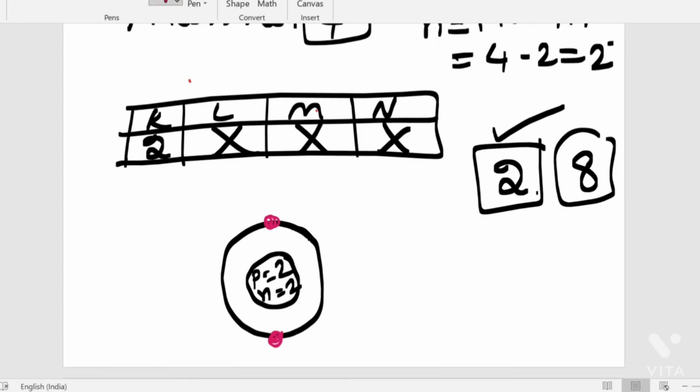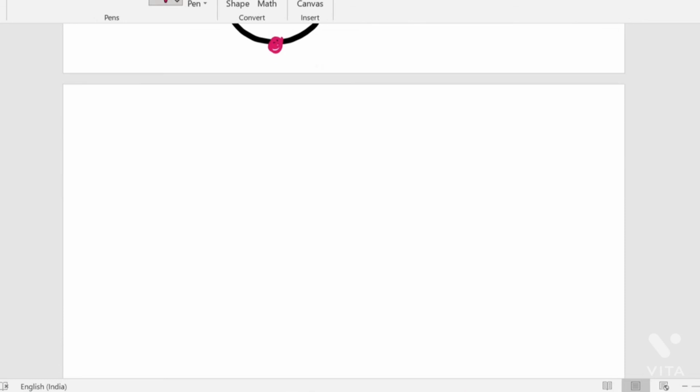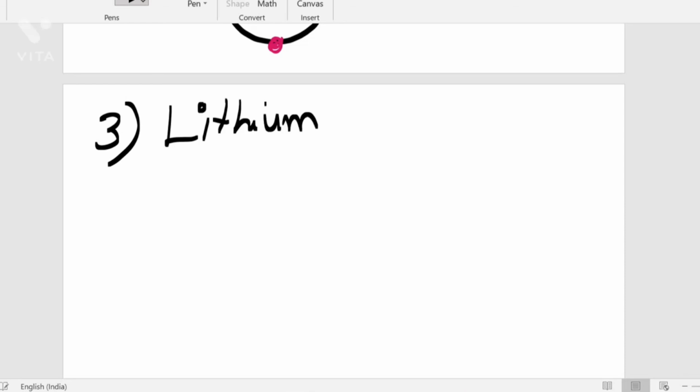Next I'm moving to the third one. What is the third element? The third element is lithium. So lithium is third, I have to write lithium Li, and helium was He, capital H, small e. Here it is 4, here it is 2. For lithium the atomic number is 3.